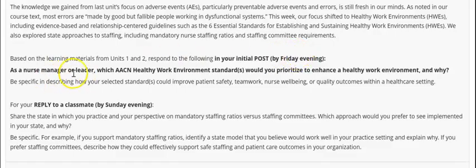As a nurse manager, leader, or educator, which healthy work environment standard would you prioritize to enhance a healthy work environment, and why? Be specific in how you selected your standard, how it could improve patient safety, teamwork, nurse well-being, quality outcomes within a healthcare setting.